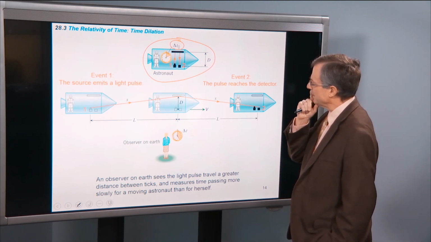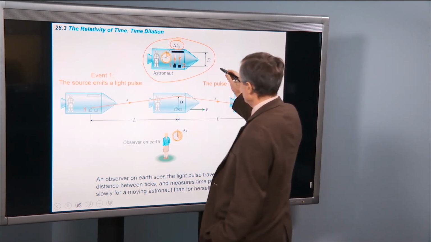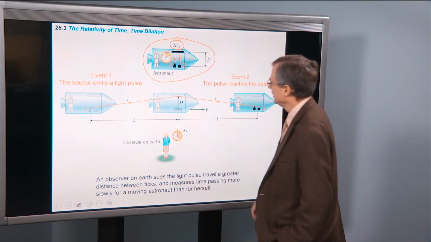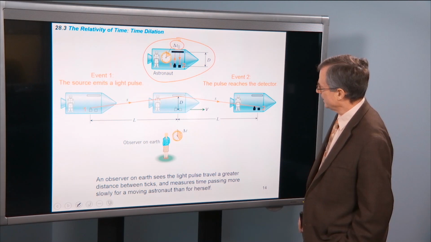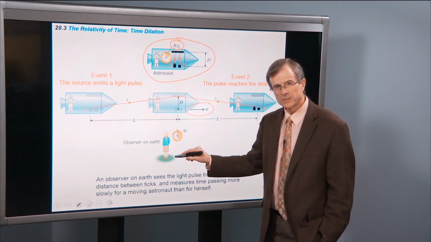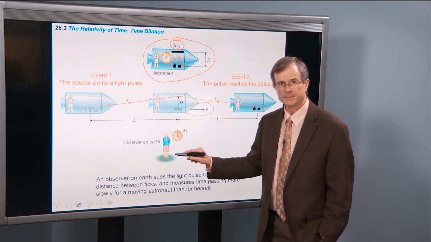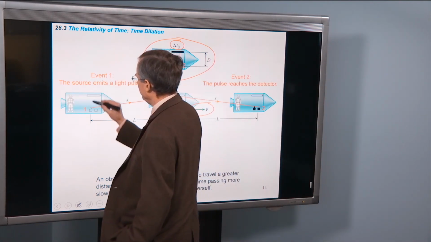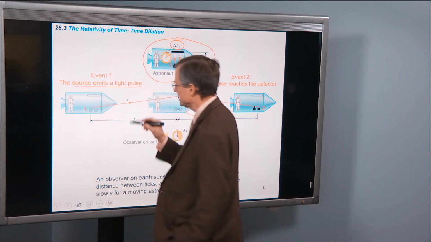But then, while that rocket is moving past the Earth at some speed v, an observer on the Earth is going to watch this same thing happen. She sees event number one when the source emits the light pulse.